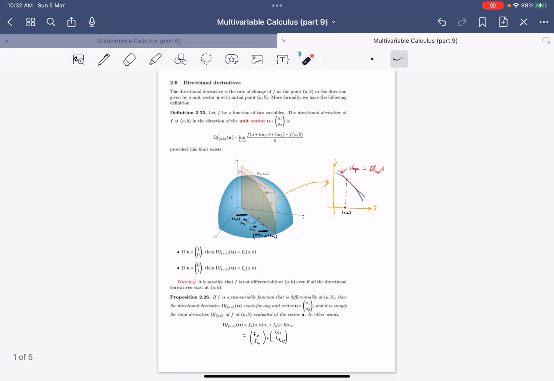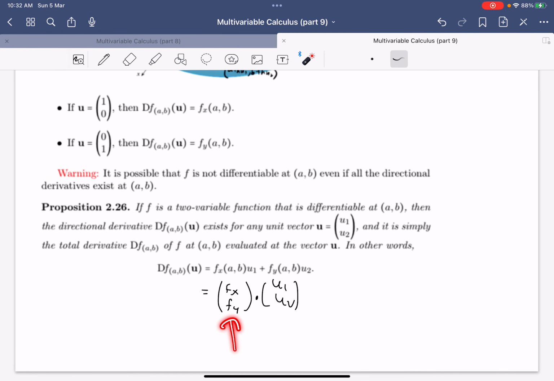You can also think of it as the dot product of (fx, fy) with (u1, u2), or you can just write out the linear form over here.